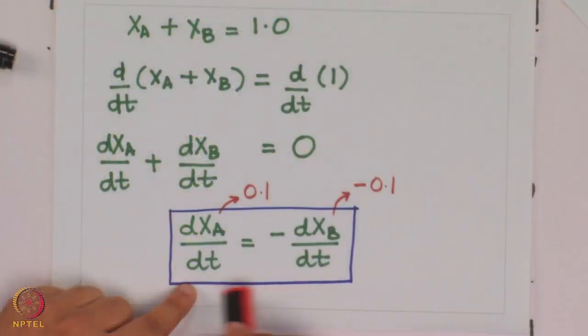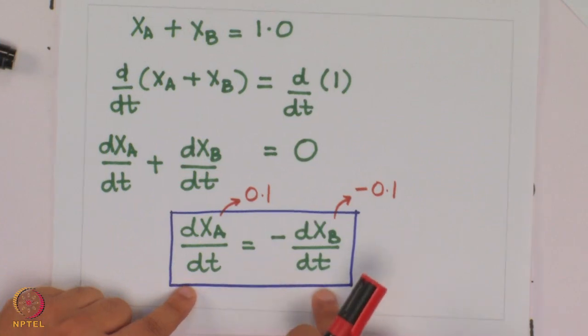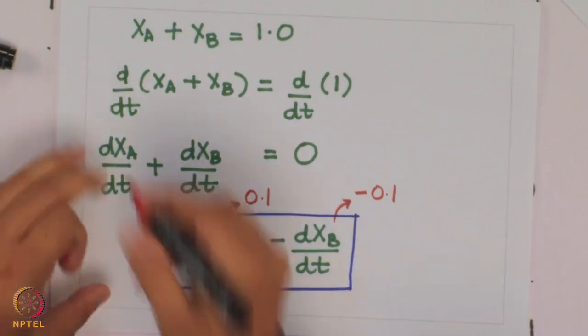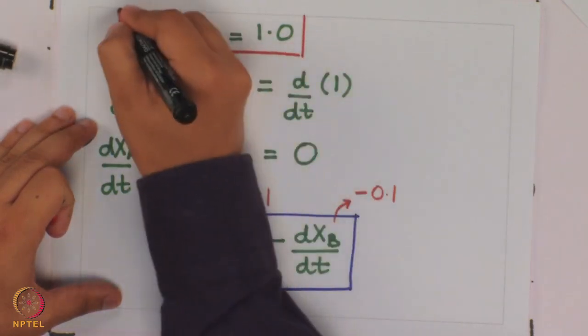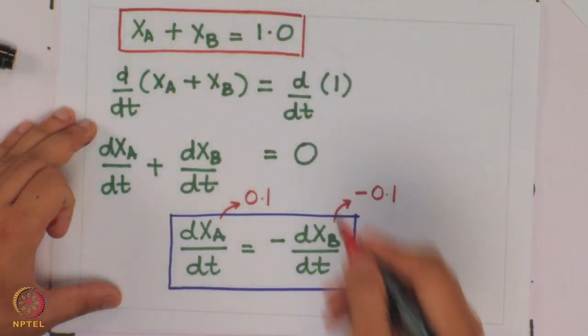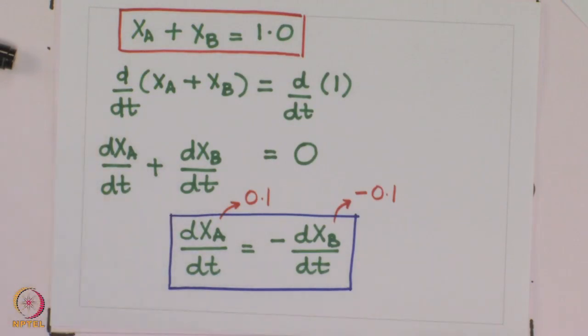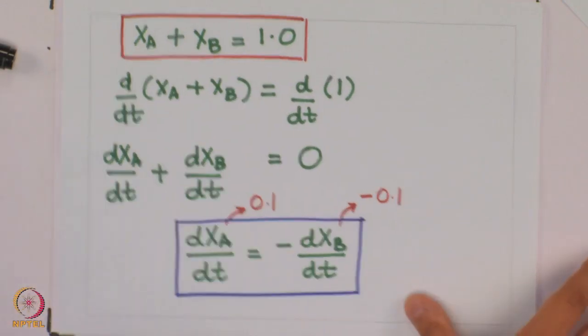So, where does this take us? We have this relationship between the rates of change of the frequencies of the two genotypes, and we also have the relationship that Xa plus Xb is equal to 1. We are going to take these forward and try and develop our model for selection.